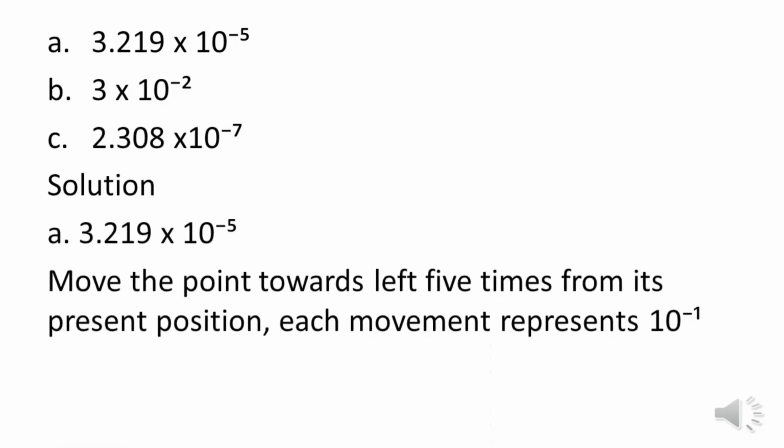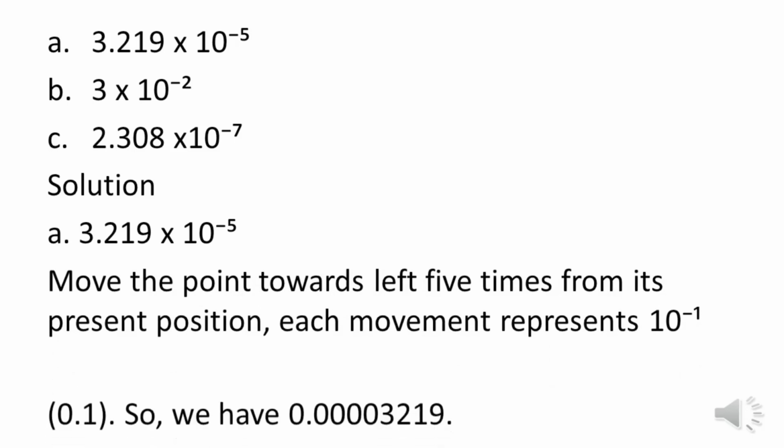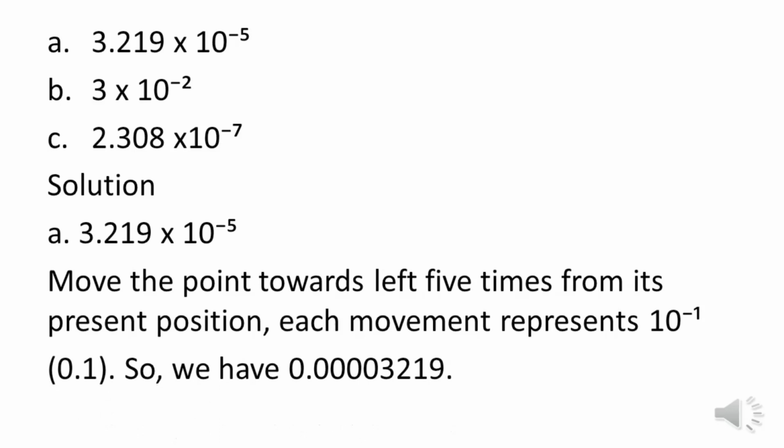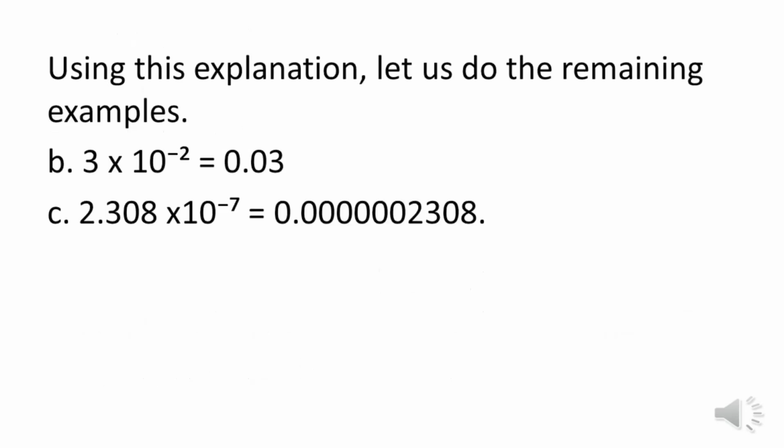A. 3.219 times 10 raised to power minus 5. Move the point towards left 5 times from its present position. Each movement represents 10 raised to power minus 1 or 0.1. So, we have 0.00003219. Using this explanation, let us do the remaining examples.